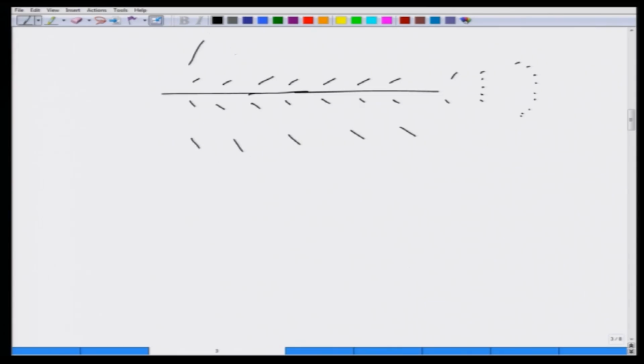So, you can see that the field is actually very weak over here. And the field is actually quite going as 1 by r in the middle of the charge. Again at the bottom also the field will be very weak as you go away from the charge. So, the field is actually very weak at these points, the field is strong only here.